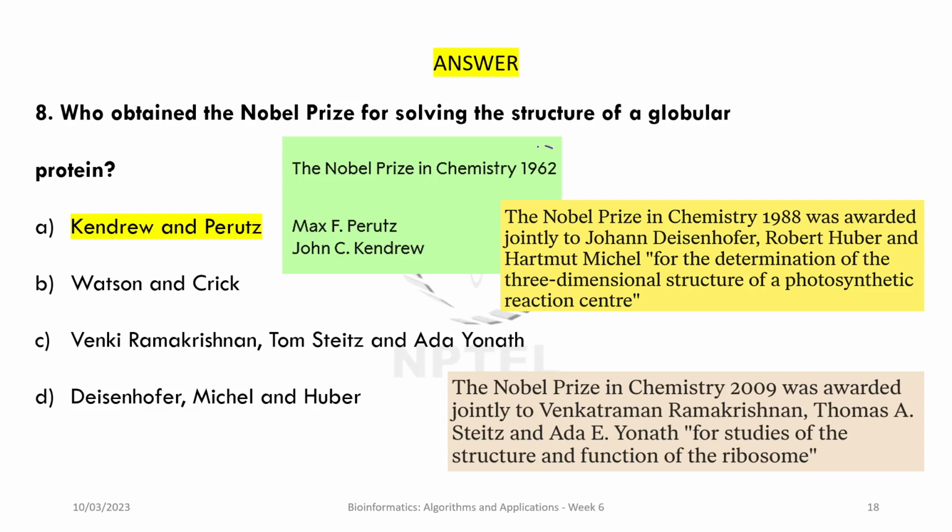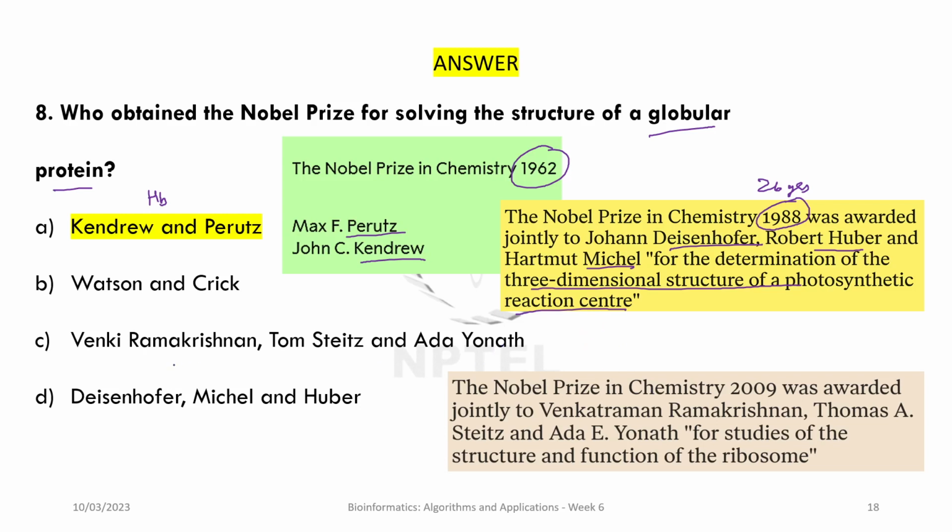So, Nobel Prize in Chemistry 1962 was for Max Perutz and John Kendrew for globular protein, and it was hemoglobin. Watson and Crick already discussed. To the right, you can see Nobel Prize in Chemistry 1988, 26 years later, awarded to Deisenhofer, Huber, and Michel for determination of the 3D structure of the photosynthetic reaction center, which is kind of on the membrane, right?